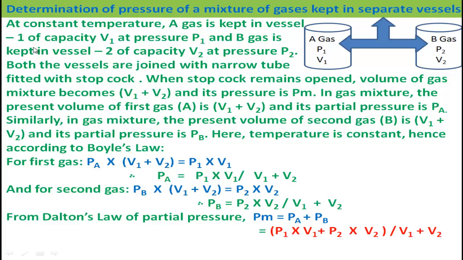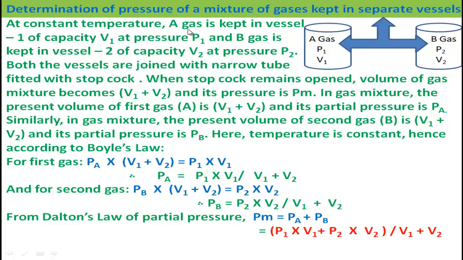Now another application is the determination of the pressure of a mixture of gases kept in separate vessels. That means when different gases are kept in different vessels, and we consider them mixing with one another, how can we determine the pressure of the mixture of different gases? It can easily be determined by applying Dalton's law of partial pressure. Let's see.